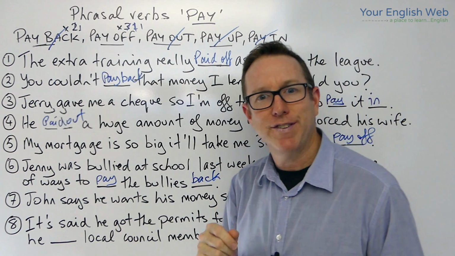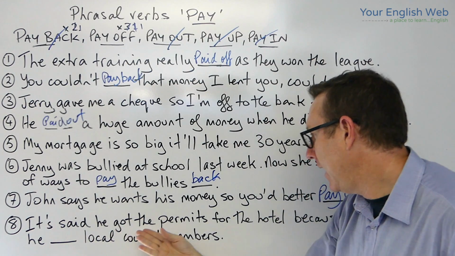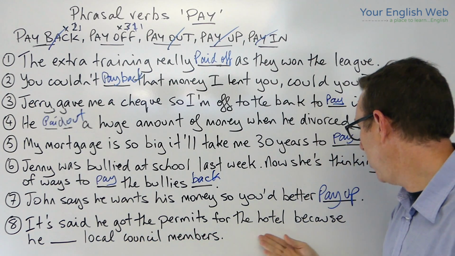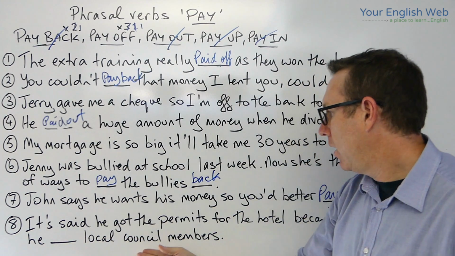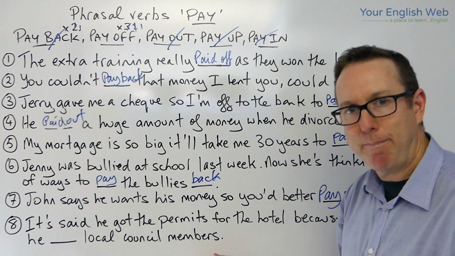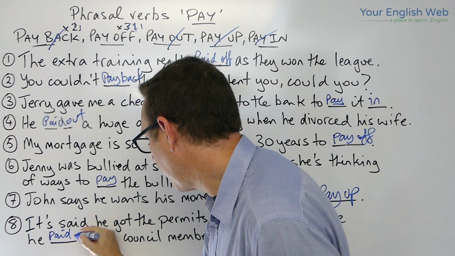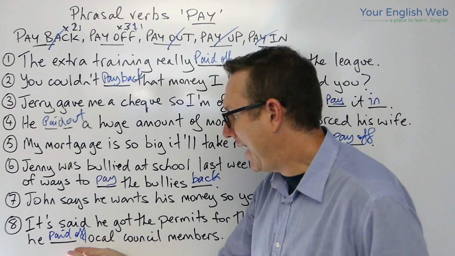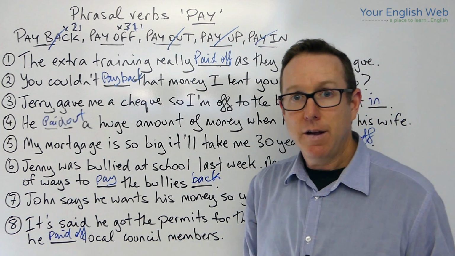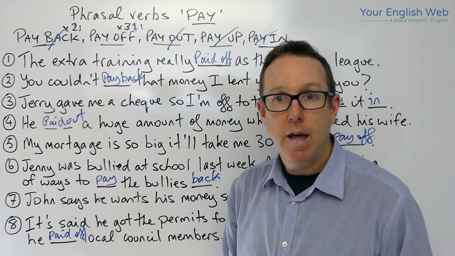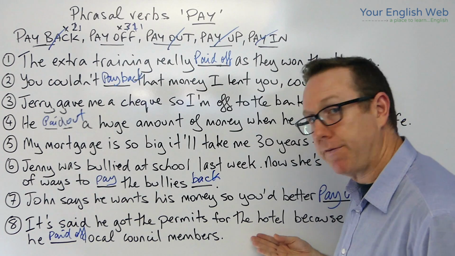So let's have a look at the context of the sentence, okay? So it's said he got the permits for the hotel because he paid off local council members. Okay, let's write it here. He paid them off. Now, through context, we understand that it was a type of bribery, a type of corruption, okay? So he got the permits for the hotel.